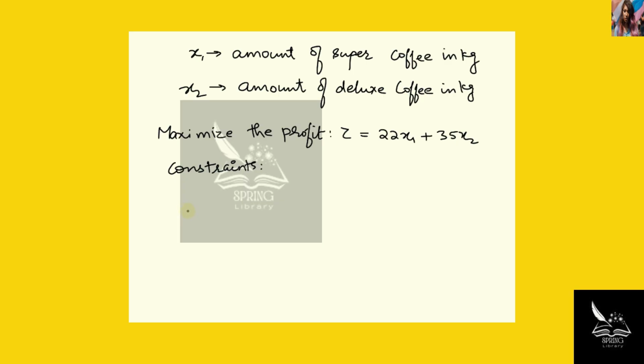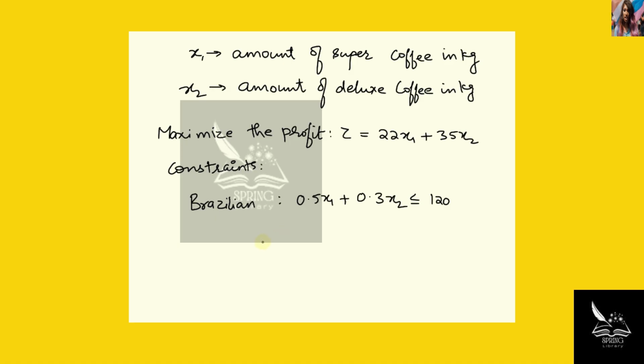As available, the Brazilian coffee constraint is 0.5 x1 plus 0.3 x2, which should be less than or equal to 120.